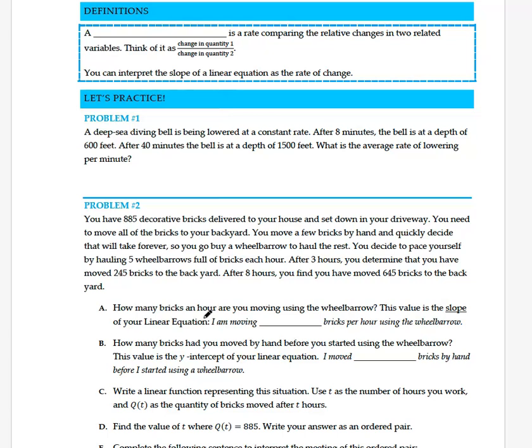All right. So let's get started here where we're talking about 1.4, where this is applications with linear equations. And so first thing that we need to talk about is how a rate comparing relative change to two related variables is called the average rate of change, or we can call it the rate of change.